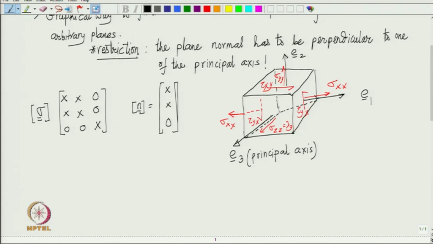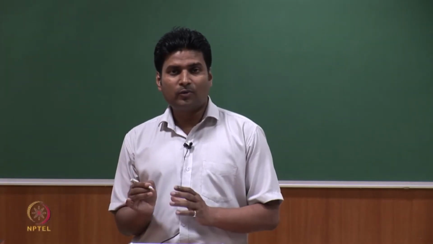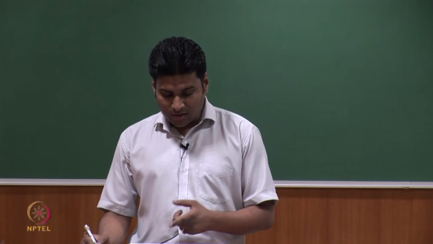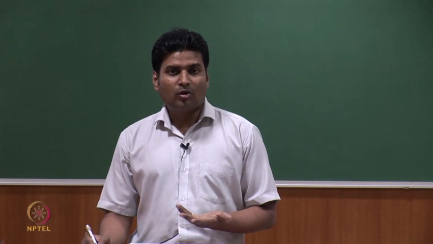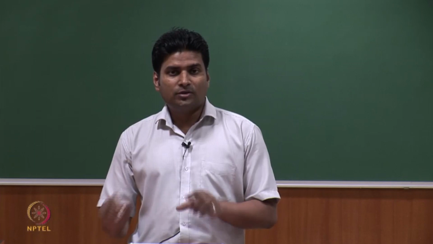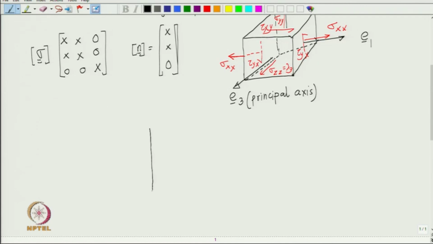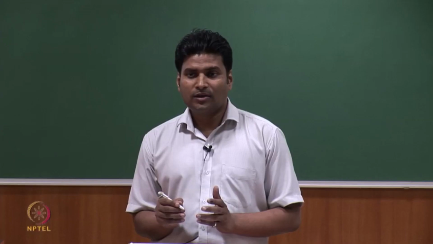All right. For such cases there is another simpler way to draw the state of stress, because we know that on the third direction there is no shear component. So, people also draw just a square, instead of cube they draw a square. And then the edges of this square are actually denoting the planes. Okay.